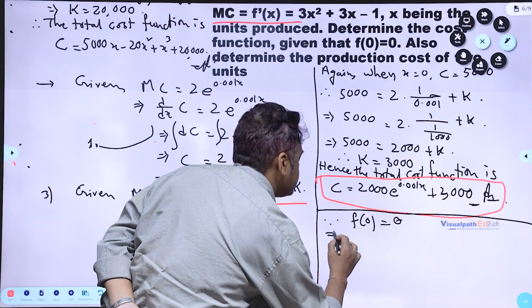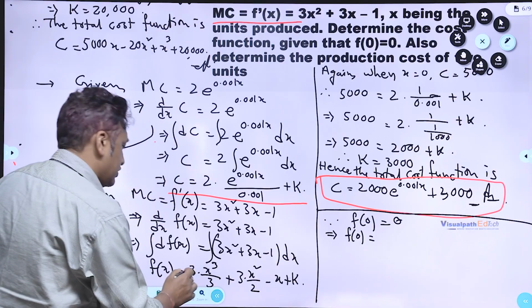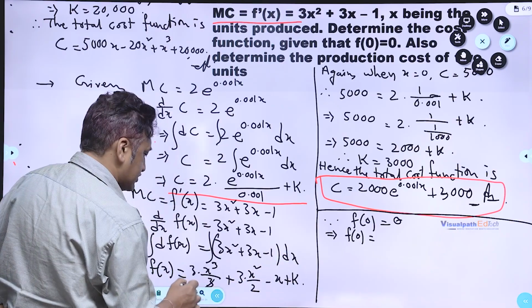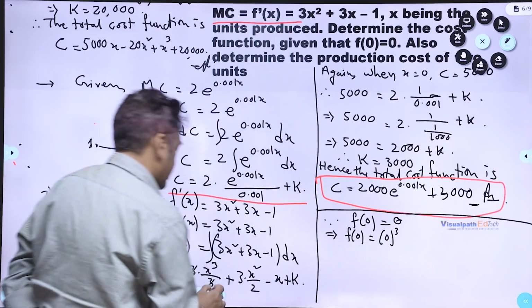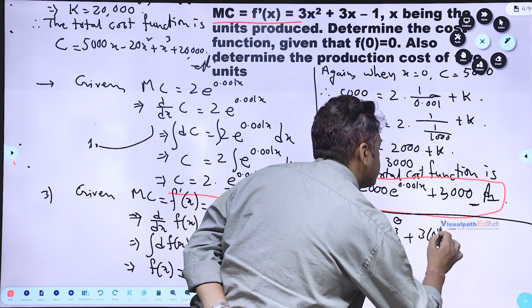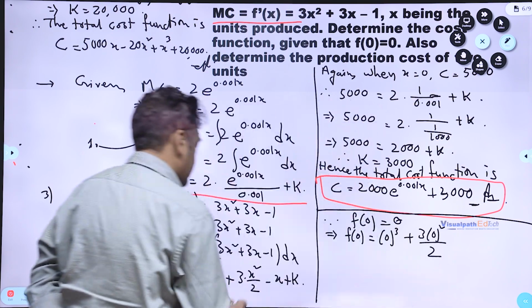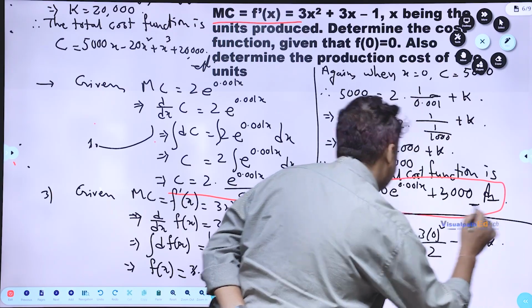So, this implies f of 0 is equal to, okay, let's cancel 3, 3. So, we'll get 0 cube, then plus 3 into 0 squared by 2, then minus 0 plus k.